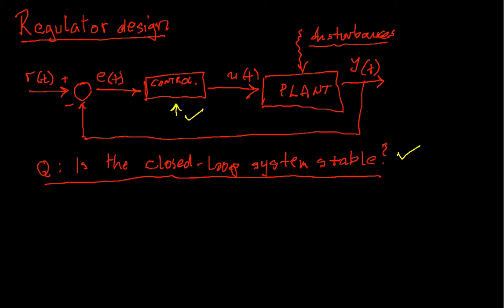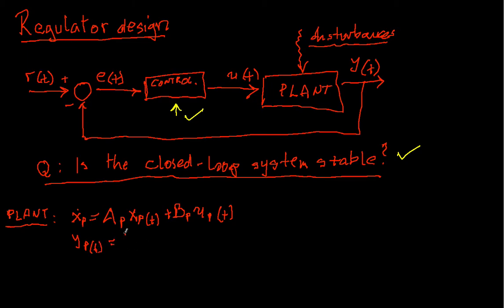And therefore, if we consider just some generalized plant, so here I'm saying think about the plant dynamics as being some linear system where xp is a state of the plant, Ap is a state transition matrix associated with the plant, xp dot of t equals Ap xp of t plus Bp u plant of t, and y plant of t is equal to Cp xp of t.